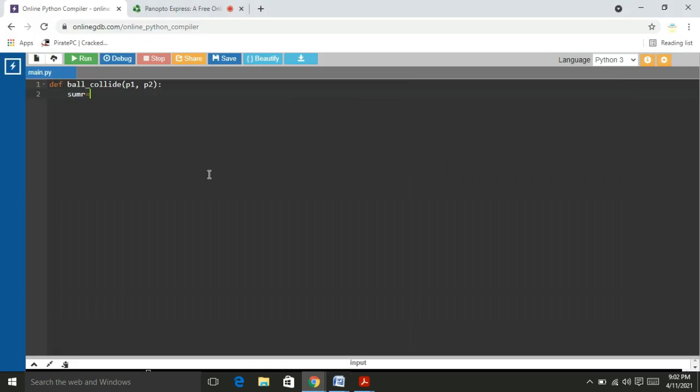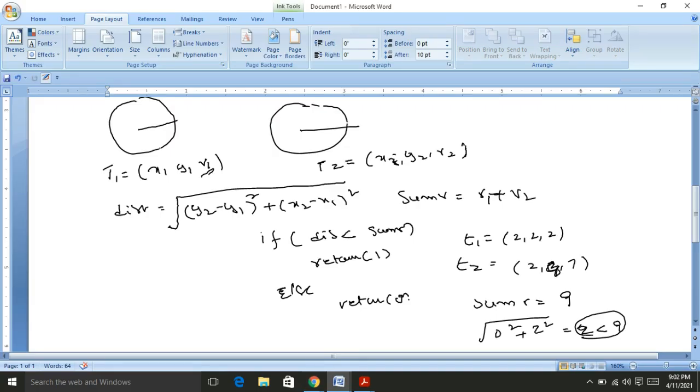So I am calculating, the tuple is indexable, that is 0, 1, 2. Suppose we are going to be indexing this one. This value is 0, this value is 1, and this value is 2 in P1, or here in the program we are going to consider them as P1, and here this value is 0, 1, 2.